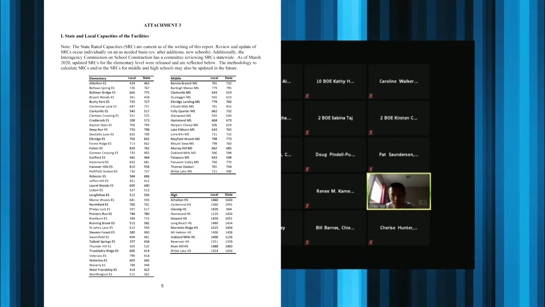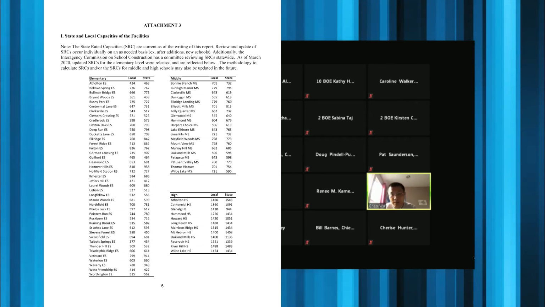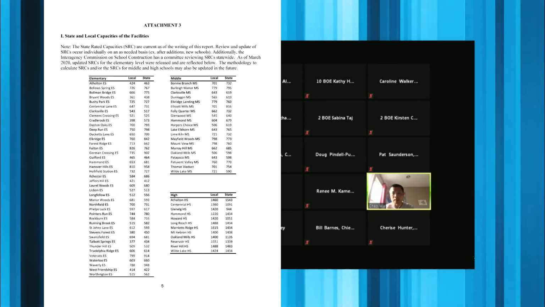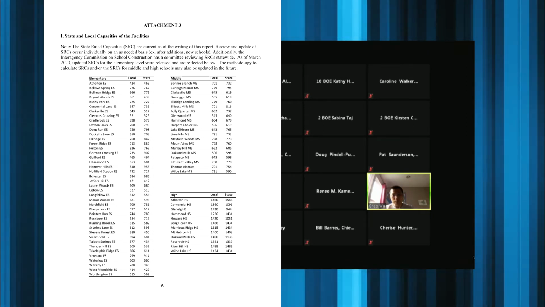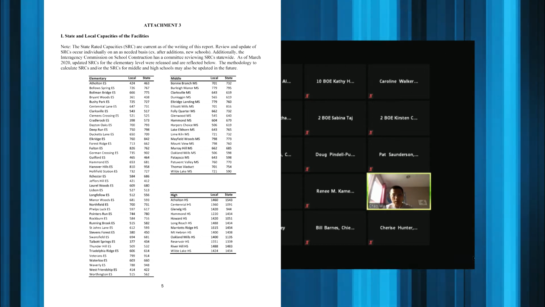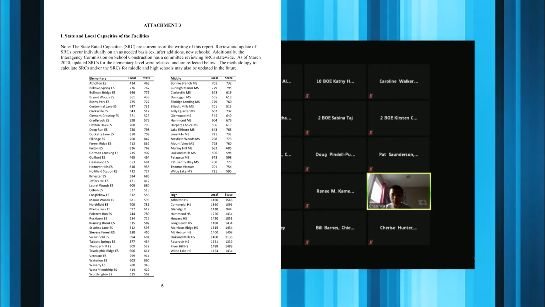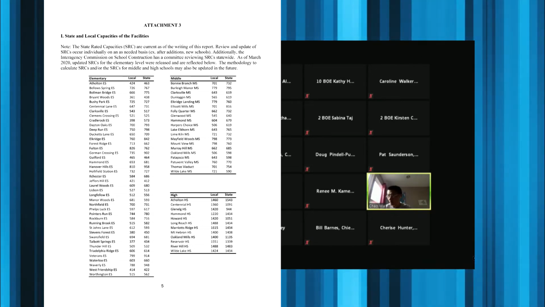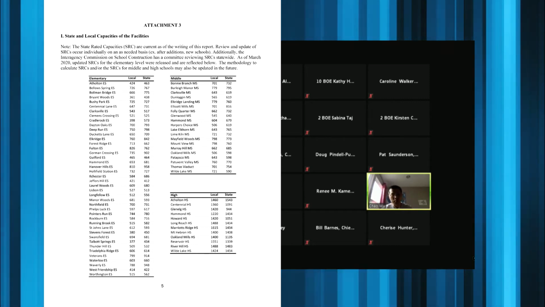And then when I compared high school, for example, Glen Elk, our local is 1,420 and our state is 945. What's the reason? Like it seems like in elementary school level, our local capacity is a little lower than the state capacity, but for high school, our local capacity is a little bigger than the state capacity in general.